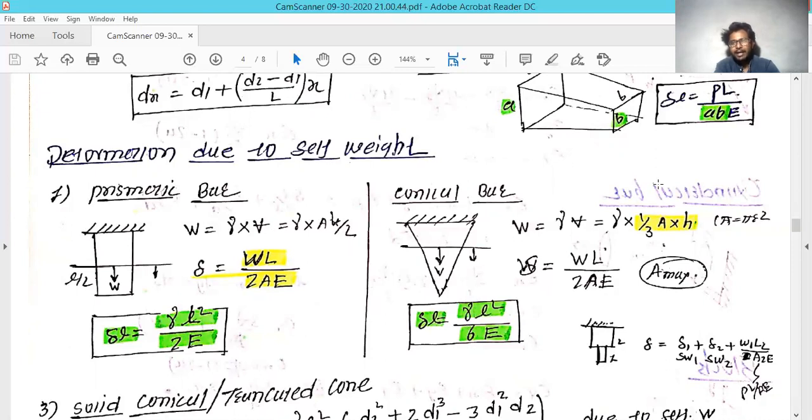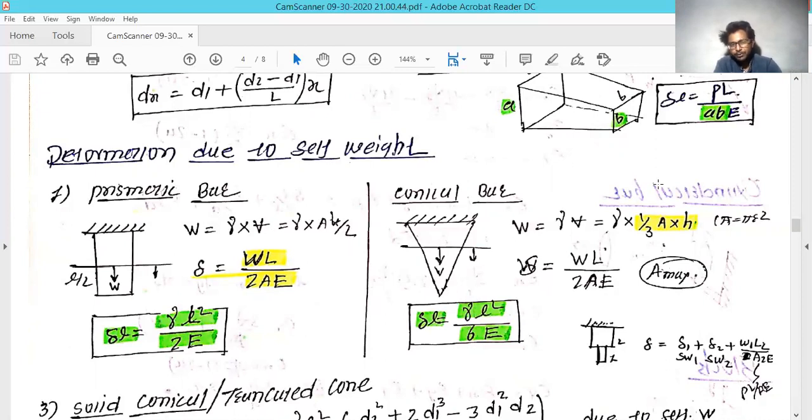Similar things happen in the material as well. When you hang any kind of rod or object, the weight of half of it tries to pull the remaining half of the section downward, and due to that weight, the dimension of the remaining cross section attached to the top will change. The same formula we saw previously applies, the change in length PL divided by AE, only in a different format.